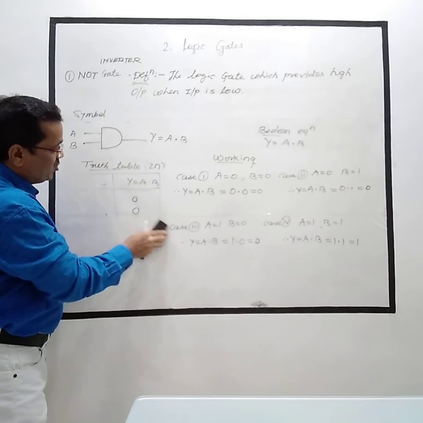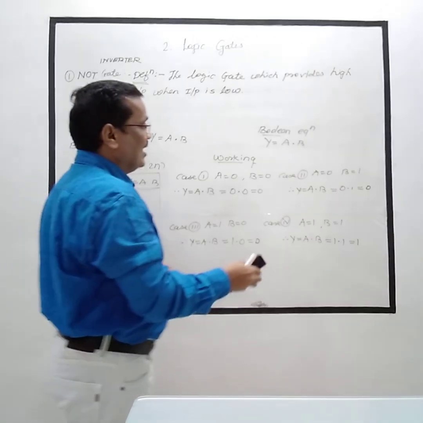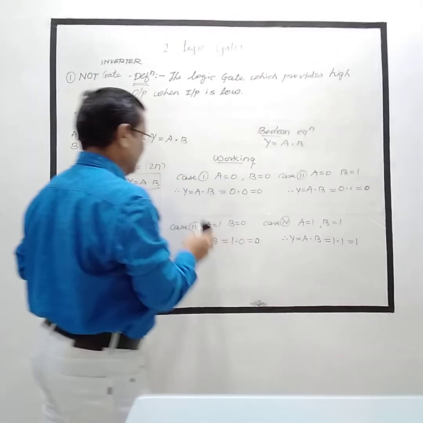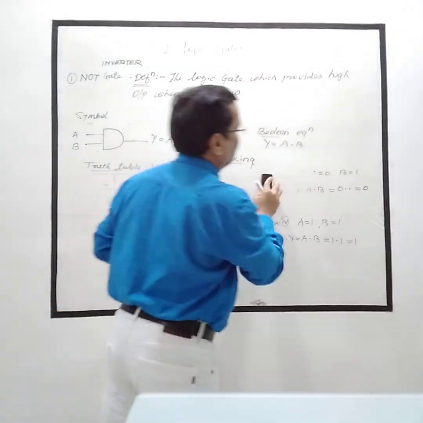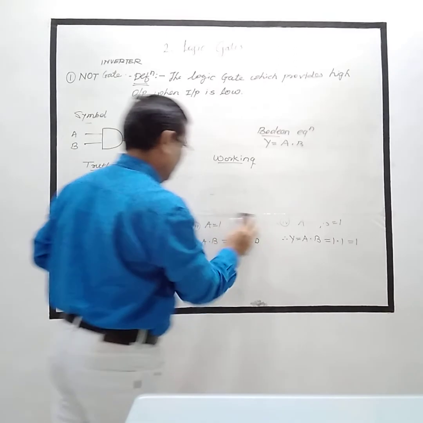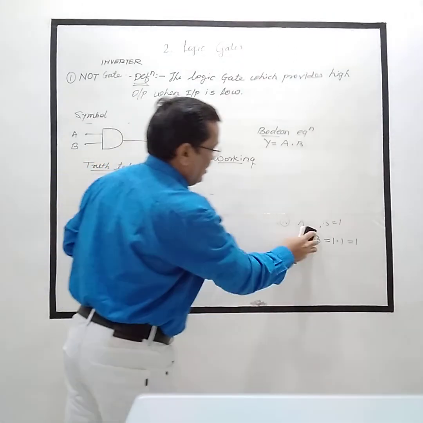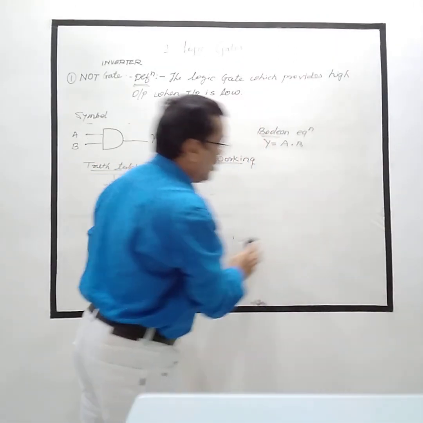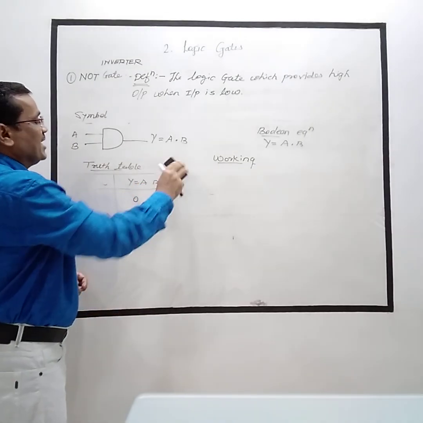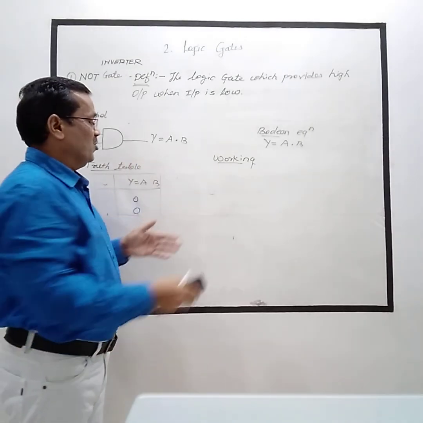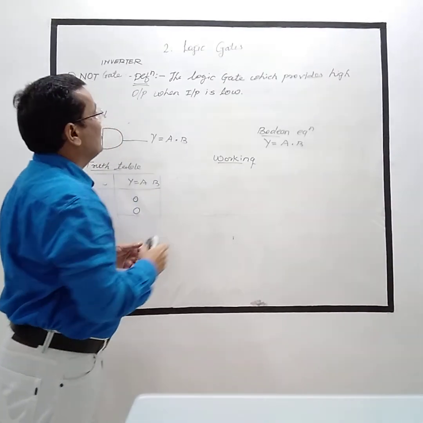So there are only two possible cases here. It is also called an inverter because its output is exactly the inversion of the input, and that's why it is called an inverter.